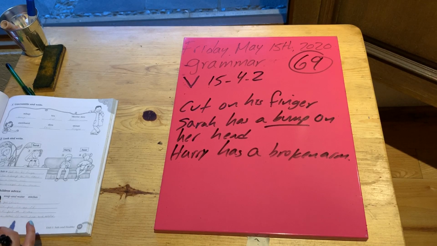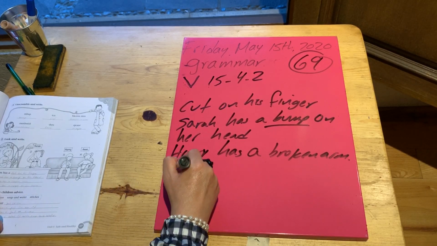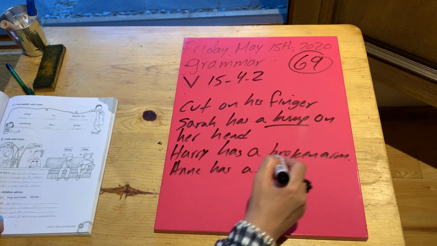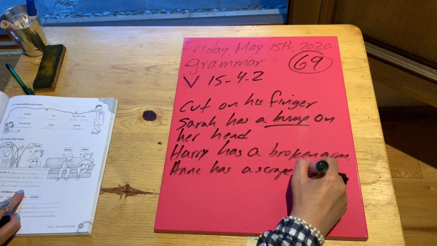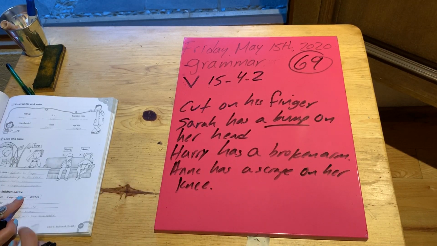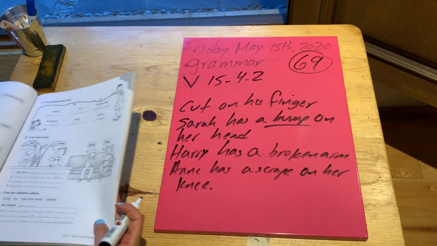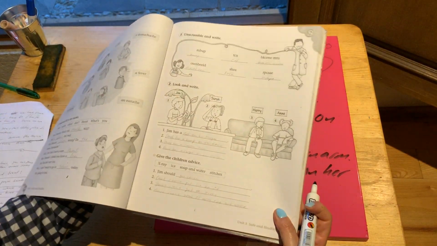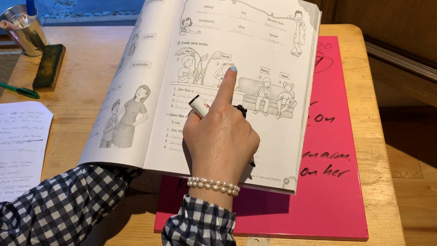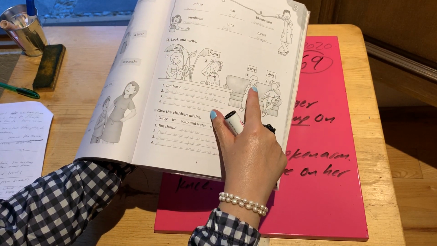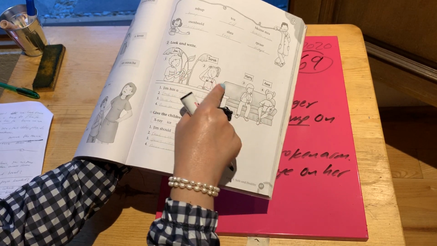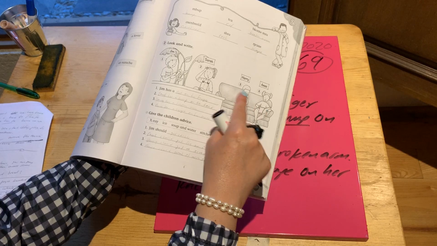And the last one, Anne has a scrape on her knee. Yes? So here, look at this. His finger, her head, his arm, her knee. Okay? So they have these situations.